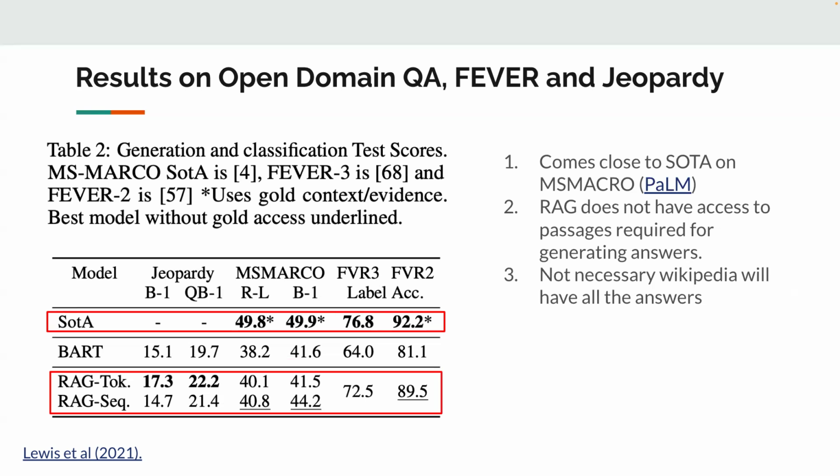And then these are the results on FEVER and Jeopardy. You'd see the state of the art is still MS MARCO, which was given a query, it would give you the search engine results, and then you want to find the answer there. The reason is that anytime these retriever models are trained on a QA setting, you do not want to provide them the context or the documents, because then it just becomes question answering, how you would do for transformers or BERT.